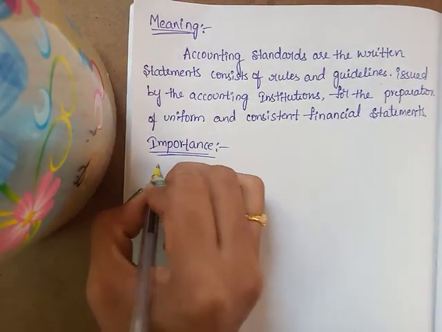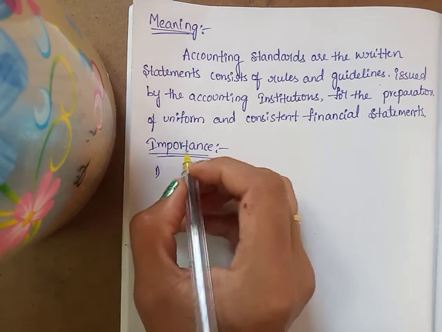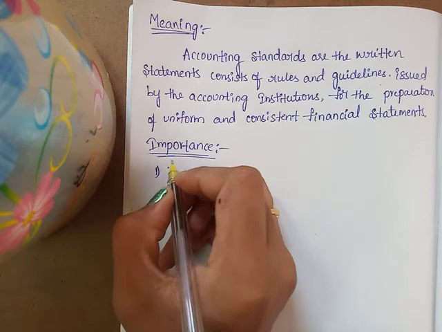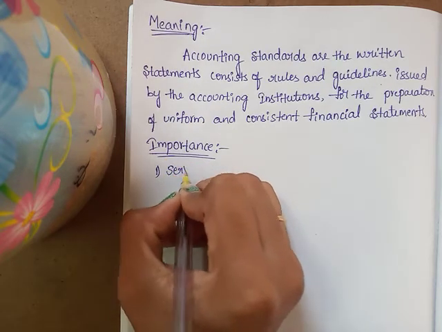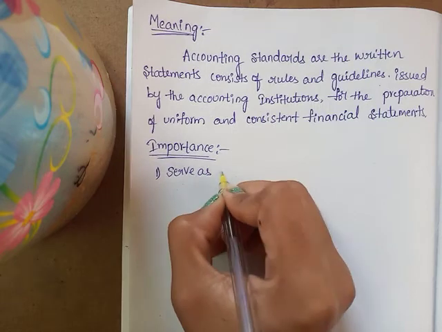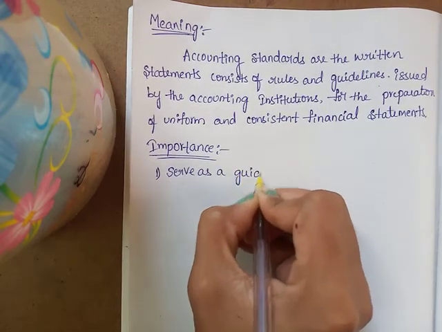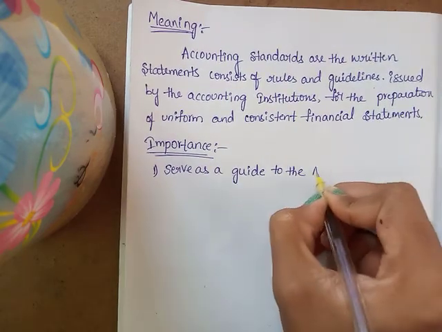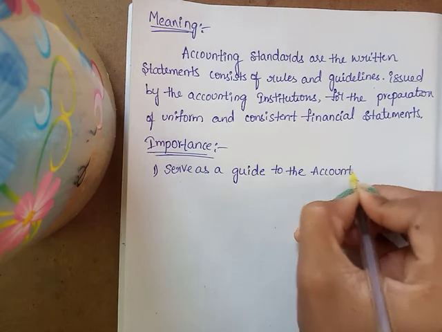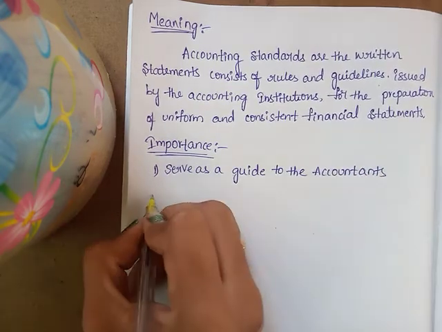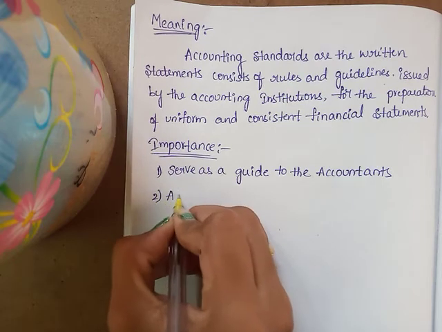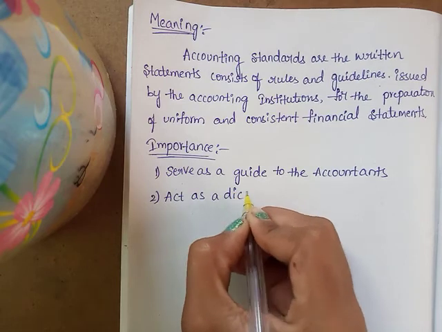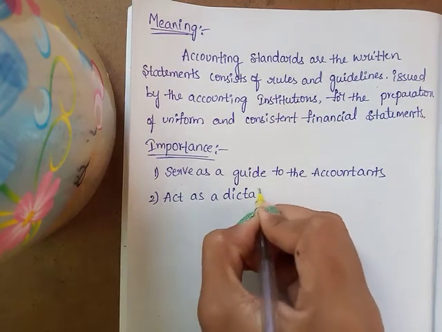So that is another importance. First one is serve as a guide to the accountants. Second one, act as a dictator.